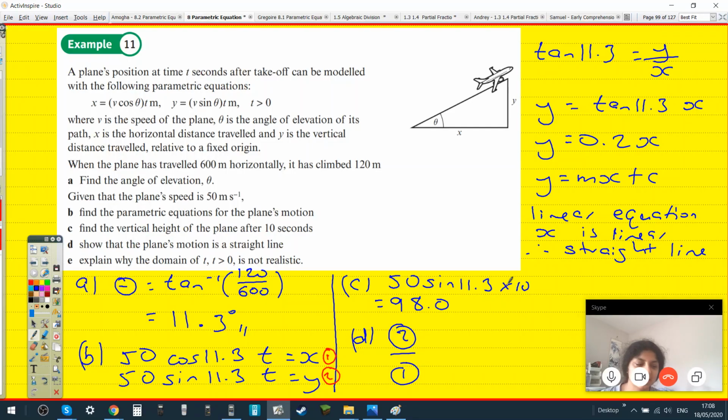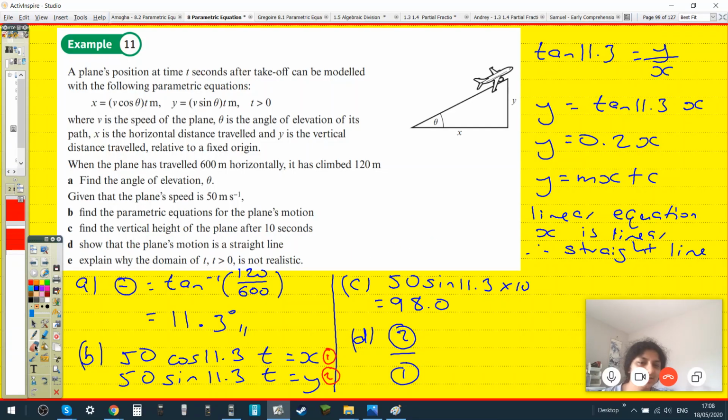And E. I don't get E. Explain why the domain of t greater than 0 is not realistic. Because it includes very large numbers, like a million, a billion, a trillion.